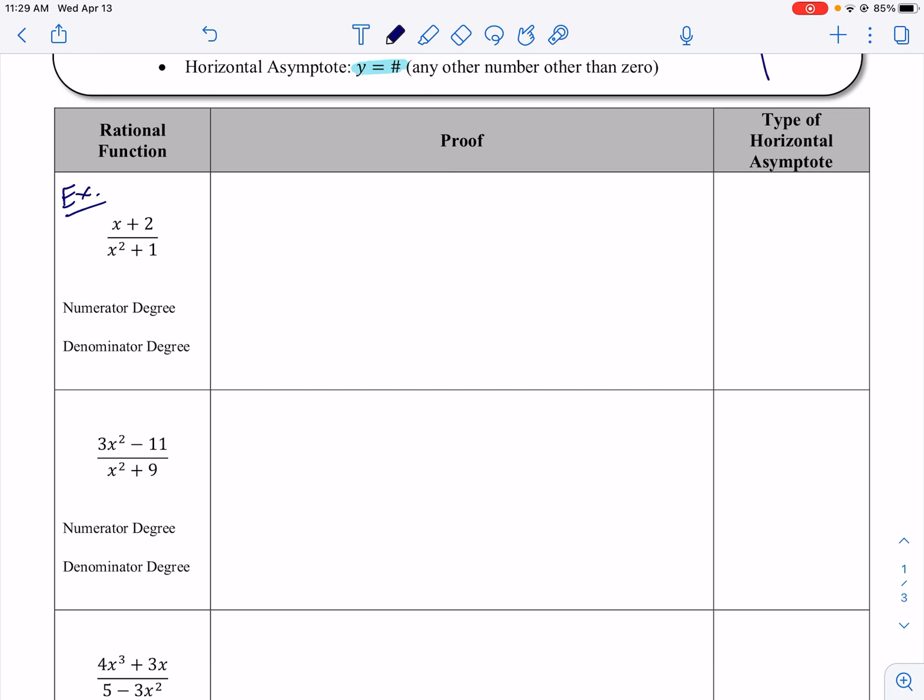And the situation is where the degree of the numerator, which, remember, is the exponent power. So the degree of the numerator in this case is 1 and the bottom is 2. This is where we would say the degree is larger in the denominator.